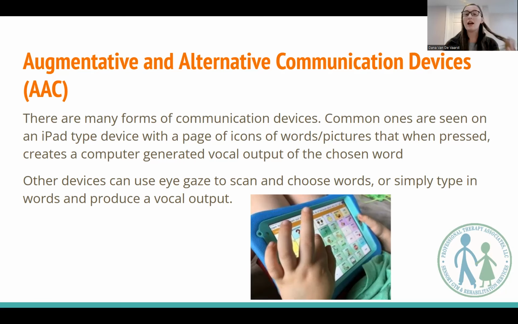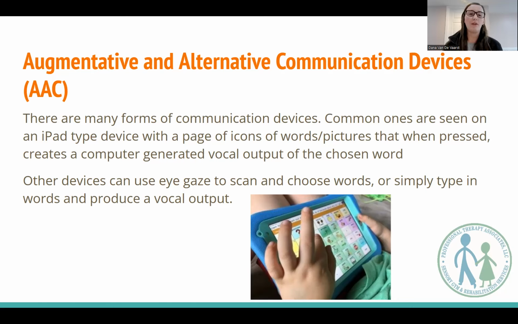So it doesn't necessarily have to be the type of device that is commonly seen in the picture below, but it is just a way for a child to have that vocal output that is not theirs. It's a computer-generated one, and it's usually done by someone who comes out and evaluates a child to be able to get a device like this that is specifically their own.